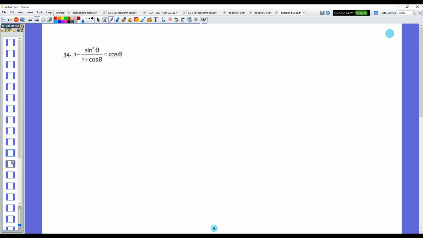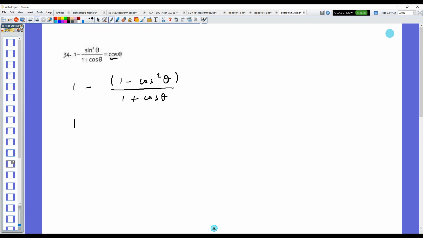Number 34. I want cosine eventually, so if I can figure out a way of getting rid of that sine squared, that would be nice. And I can. Sine squared is the same thing as 1 minus cosine squared. That parentheses really wasn't needed at that time.